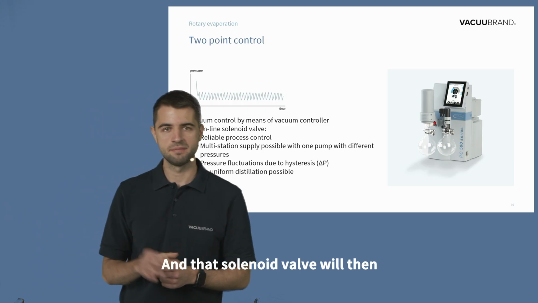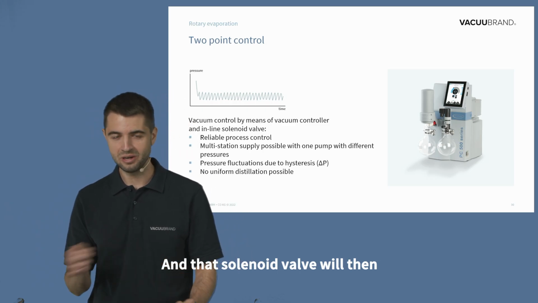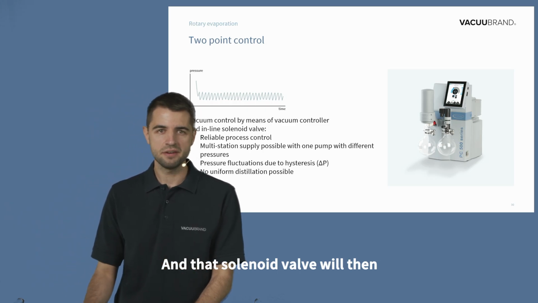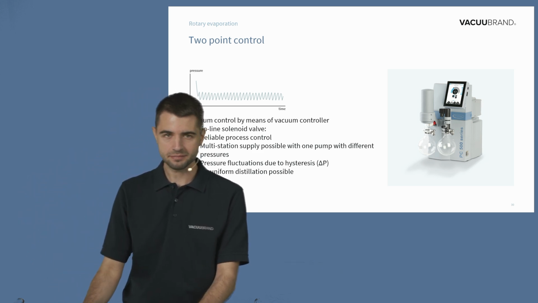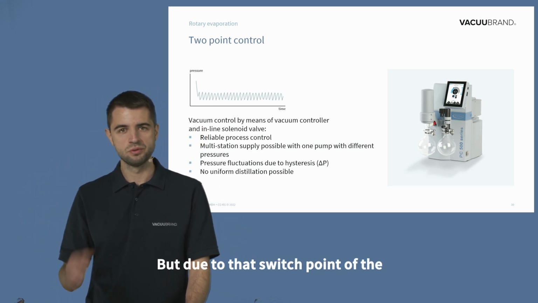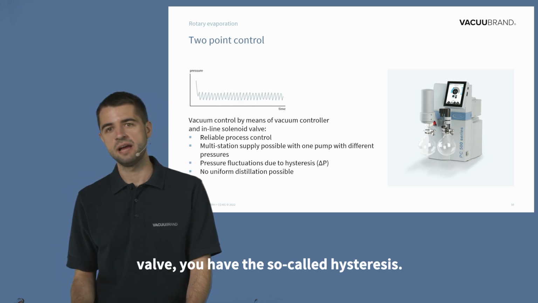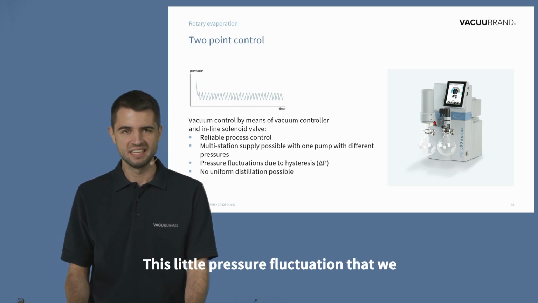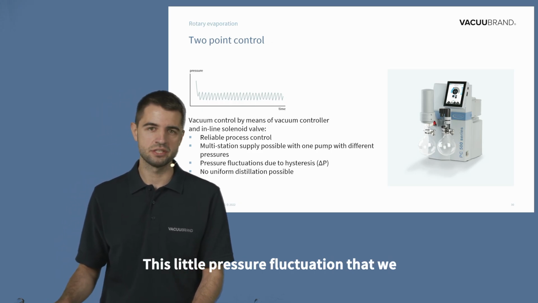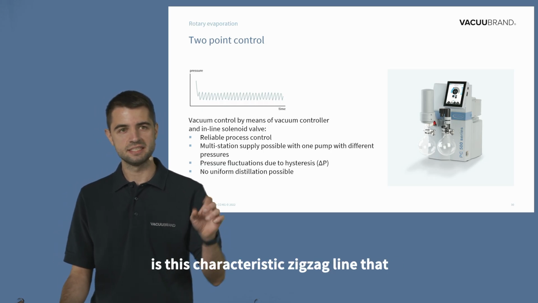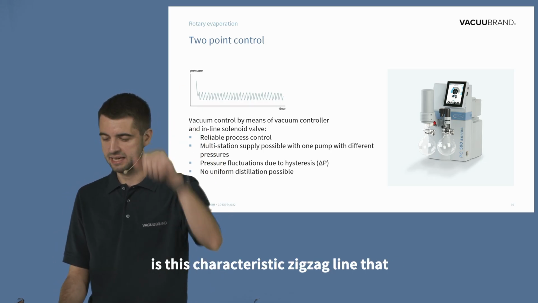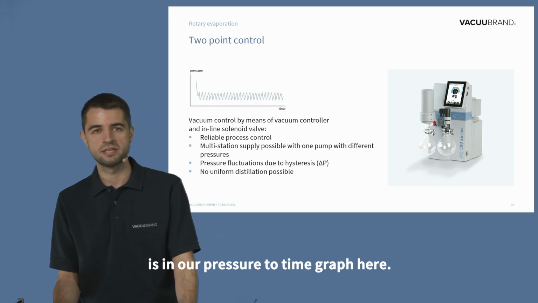And that solenoid valve will then regulate the vacuum by opening and closing. But due to that switch point of the valve, you have the so-called hysteresis. This little pressure fluctuation that we can actually see in the graph above, that is this characteristic zigzag line that is in our pressure to time graph here.